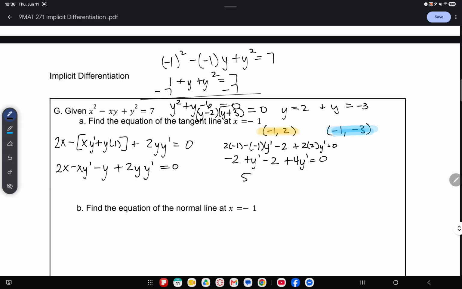And I get 5y prime equals, I'll just add both of those over, 4. So y prime is 4/5. So the equation for this one is y equals 4/5 x plus 1 plus 2.